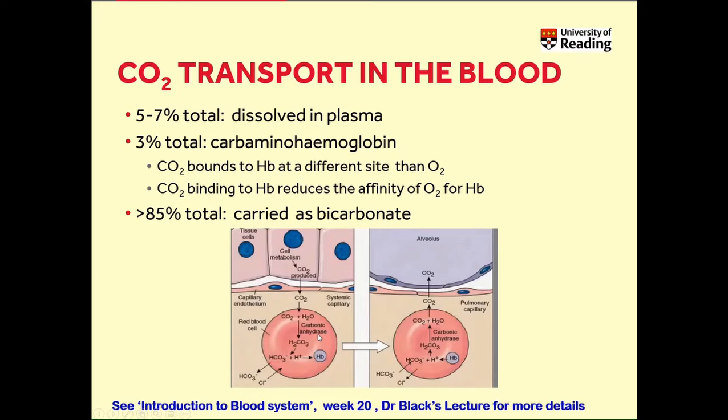Carbonic acid is an unstable molecule that dissociates into bicarbonate ion and hydrogen. Since the carbon dioxide is quickly converted into bicarbonate ions, the reaction allows for a continuous uptake of carbon dioxide into the blood down its concentration gradient.